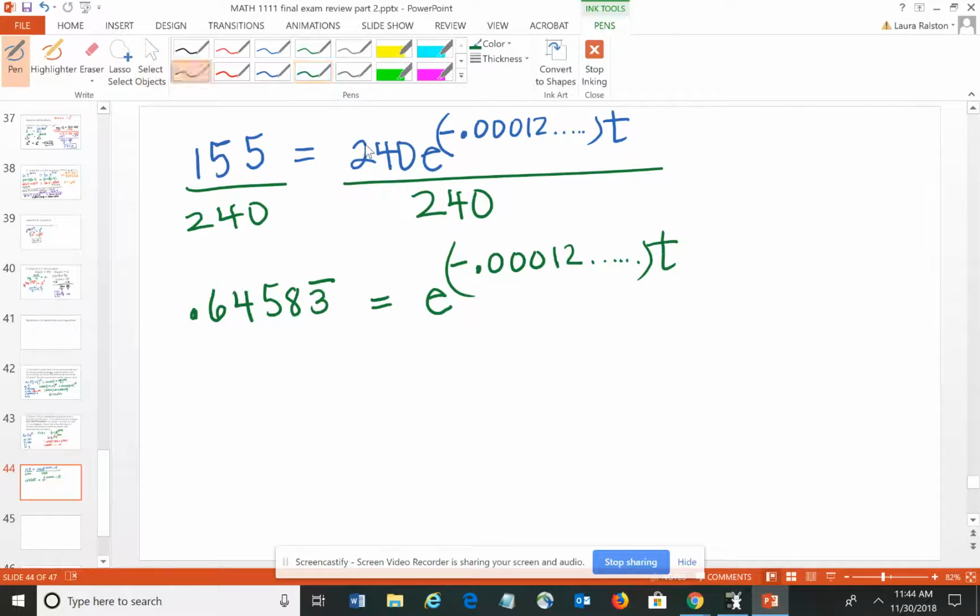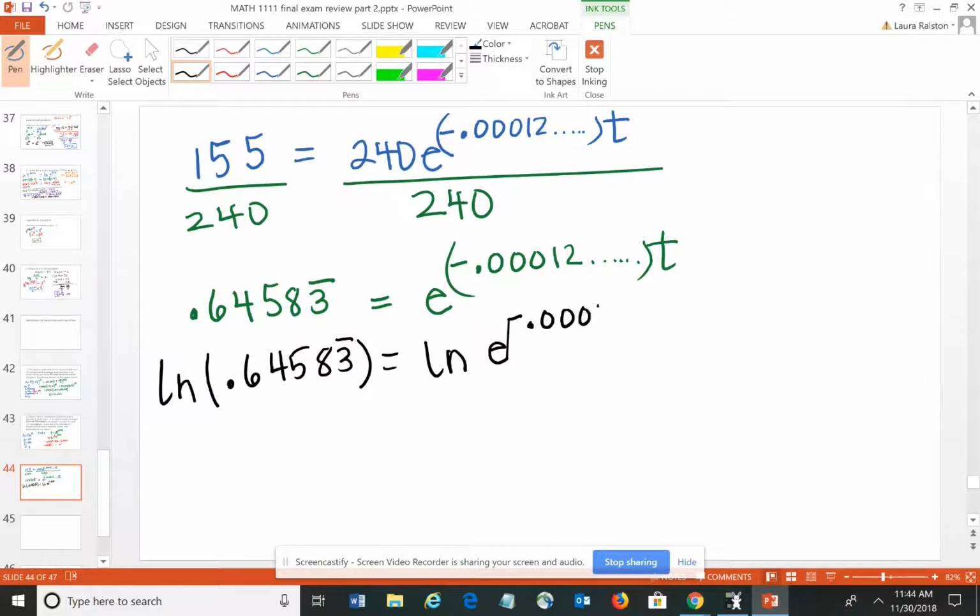Then I need to get rid of the base E. We do that by taking the natural log of both sides. So we take the natural log of 0.64583 repeating, and the natural log of E to the negative 0.00012 times T. The benefit of doing that is that on the right side, the natural log and base E divide out.